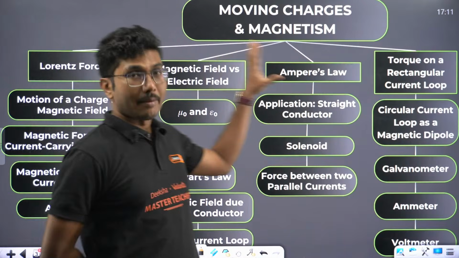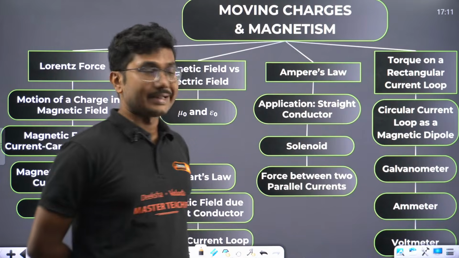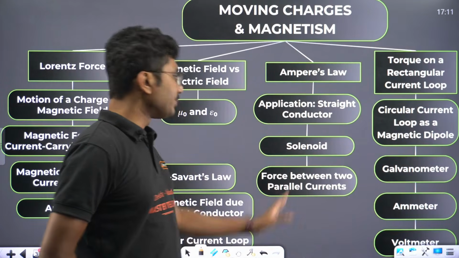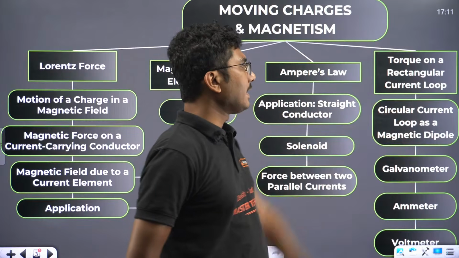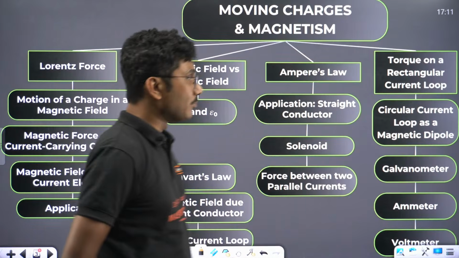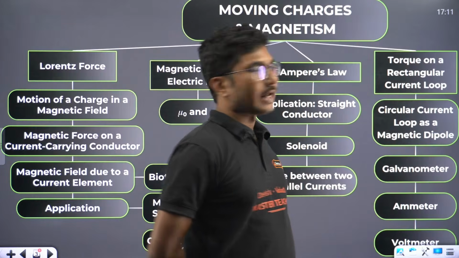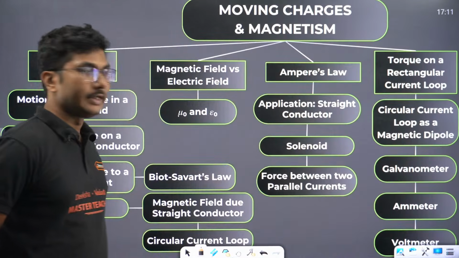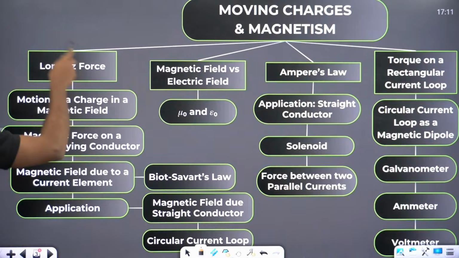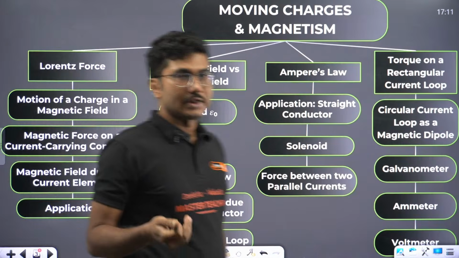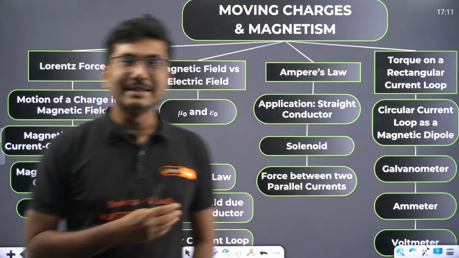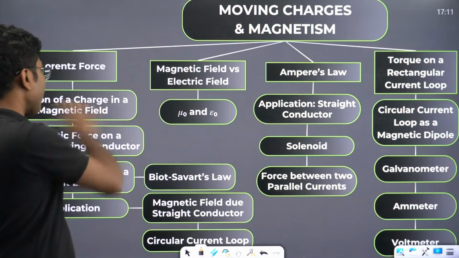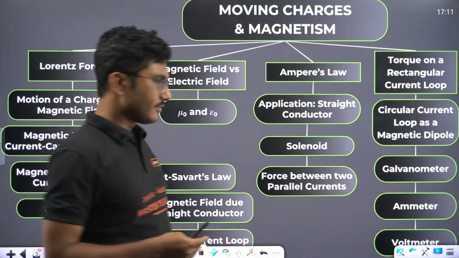We also have Ampere's law, applications for straight conductor, solenoid, force between two parallel currents, torque on a rectangular current loop, current loop as a magnetic dipole, galvanometer, ammeter and voltmeter conversion. So these are the 3 major parts. Today's session will mainly focus on Lorentz force, motion of a charge in a magnetic field, magnetic force on a current carrying conductor, etc. These will be our major focus, obviously Lorentz force being the primary driver.